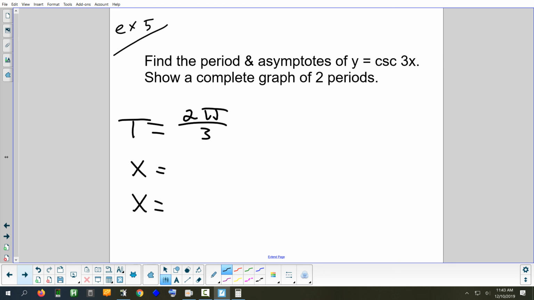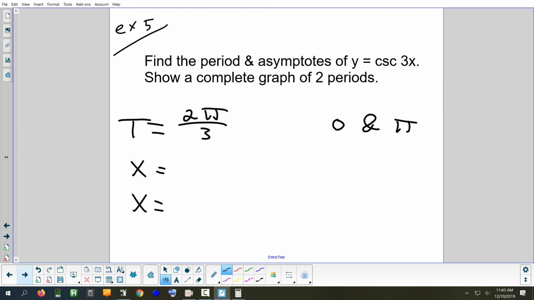Now, cosecant, you can look at the chart, but I usually just think of it in my head. Cosecant is 1 over sine. Where does sine cross the x-axis? First 2 times: 0, and where else? Pi.